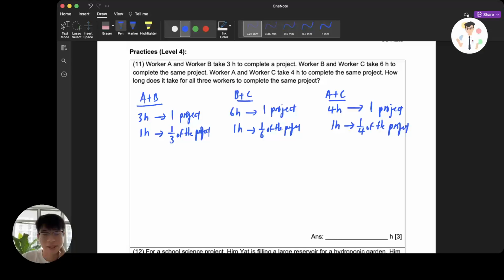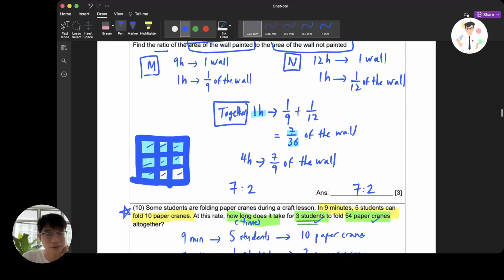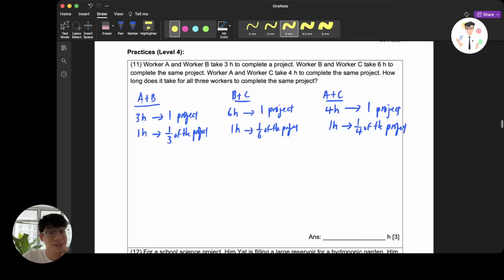Now, just like I mentioned, it's similar to something on top. Let me just show you. Do you still remember in the previous page, page 5, we did something similar? Where we tried to find out, 9 hours is 1 hour is 1 out of 9. 12 hours, 1 hour is 1 out of 12. And since they are asking for together, we are trying to add them together. Correct? That's what we did in the previous page. So you can do something similar.